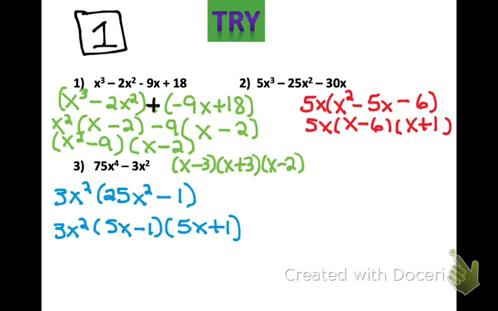The next one was just factoring out your 5x and then factoring out your trinomial. The third one is probably the trickiest. Once I factored out the 3x squared, sometimes students forget that 1 is a perfect square. So we had the difference between squares, and I could go ahead and factor it fully.